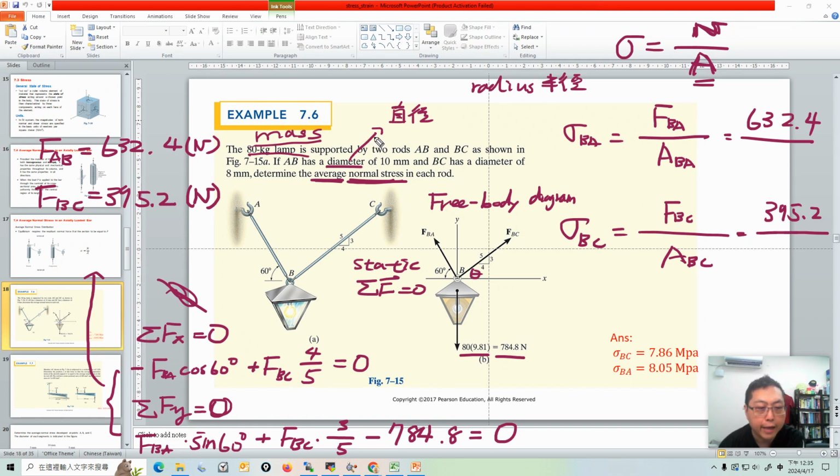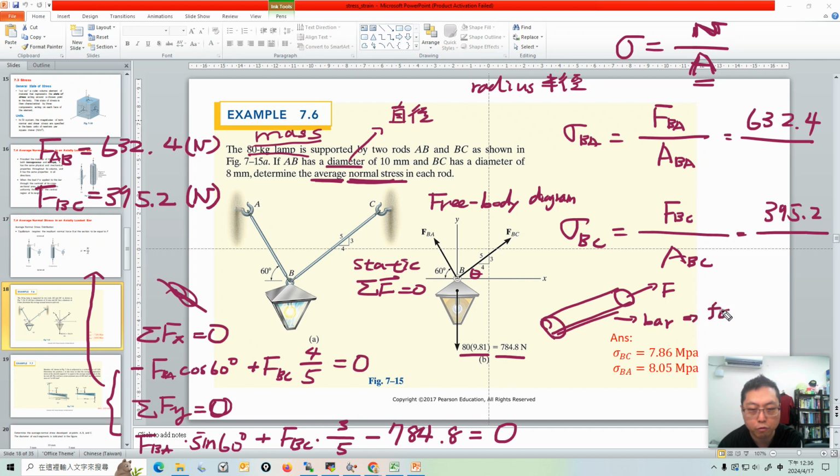But one thing I want to address: this is a very thin circular bar. So the force is always normal to the surface of the bar.